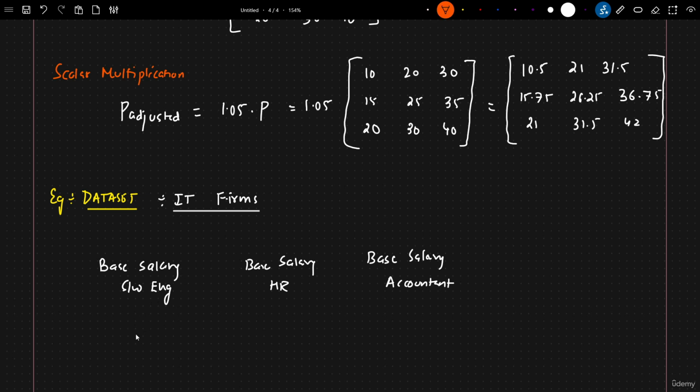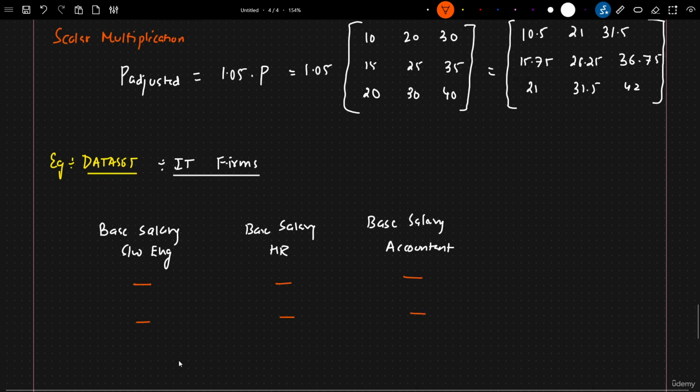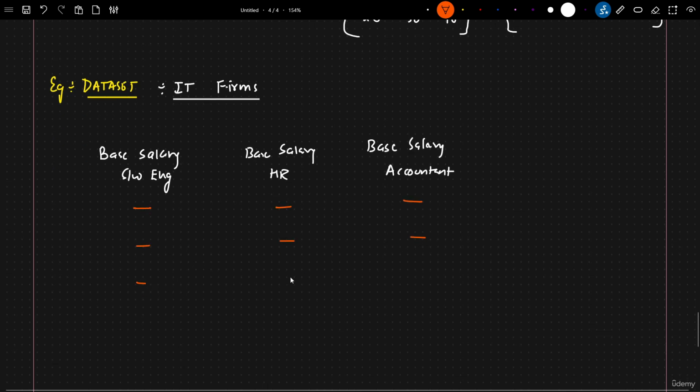And I may have some different values over here. Let's consider that this is my base salary for company A, this is my base salary for company B in a specific city, then this may be my base salary of company C, right? So there may be different values.